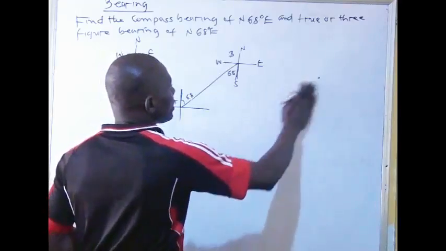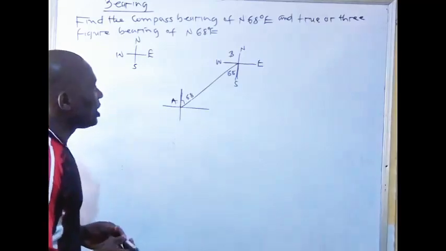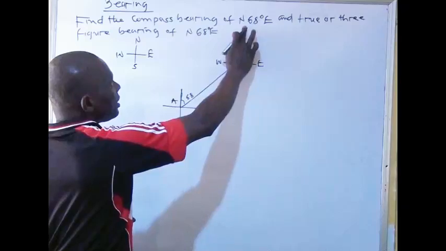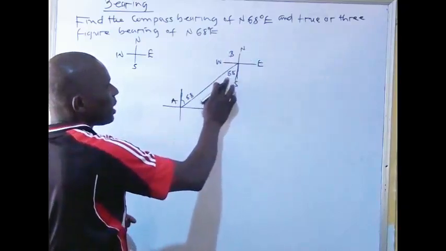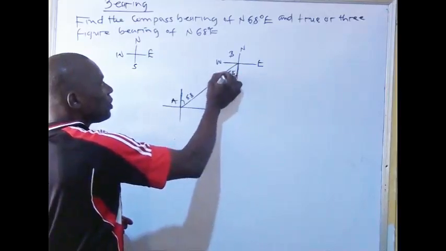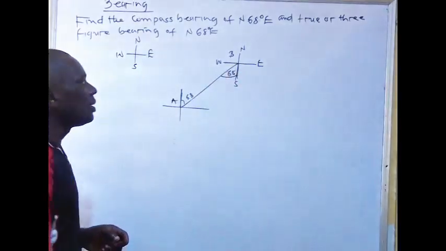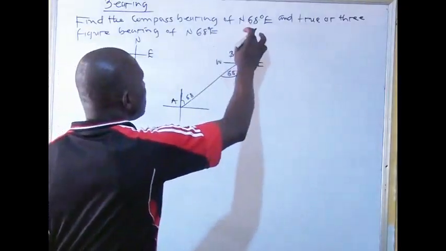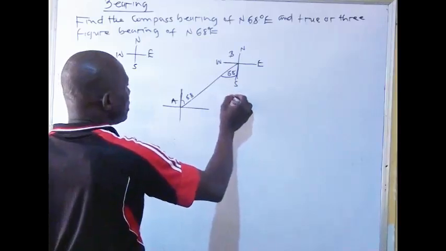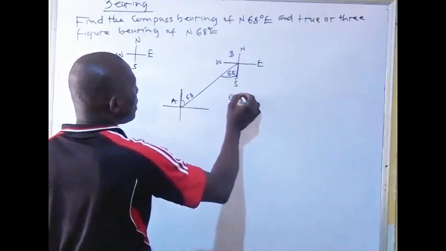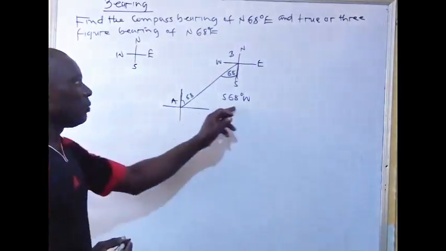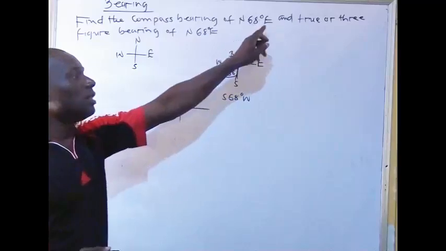Now if you want to interpret this bearing 68 degree northeast, if you look at it from here, it is 68 degrees south, moving from here southwest. So the bearing 68 degree northeast is the same thing as 68 degree south west. So that is the bearing of 68 degree northeast.